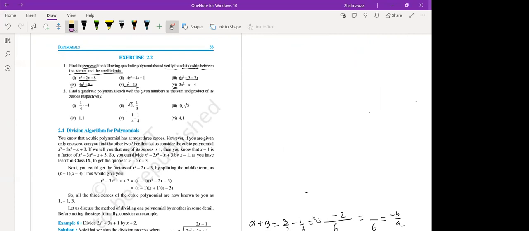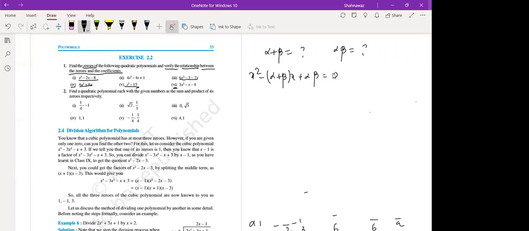So this is a very simple question, na? They have given 1/4 and -1. They have given alpha plus beta, and alpha into beta. And what is the quadratic equation?